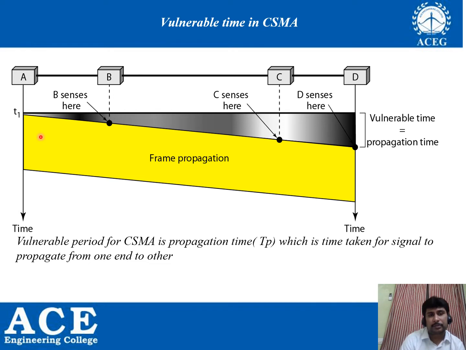The maximum vulnerable time for a device in carrier sense multiple access is equal to the propagation time, which is the time it takes to transmit from one end to the other.